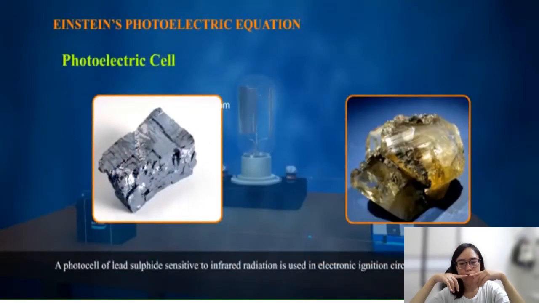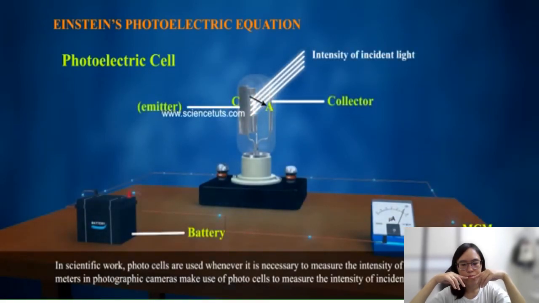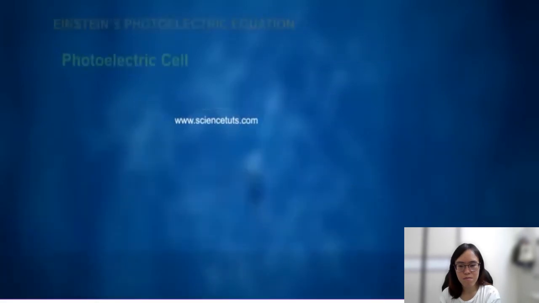A photocell of lead sulfide, sensitive to infrared radiation, is used in electronic ignition circuits. In scientific work, photocells are used whenever it is necessary to measure the intensity of light. Light meters in photographic cameras make use of photocells to measure the intensity of incident light.